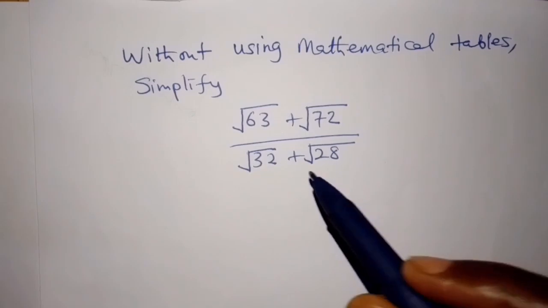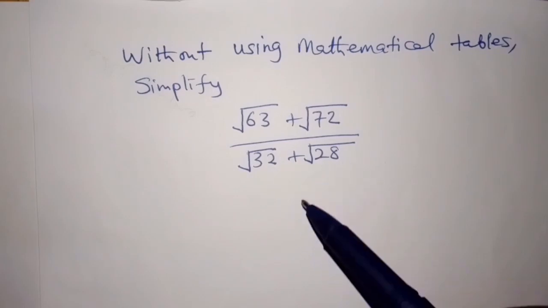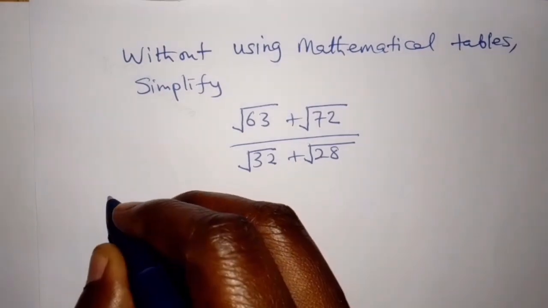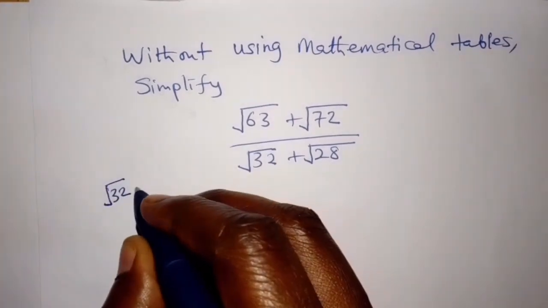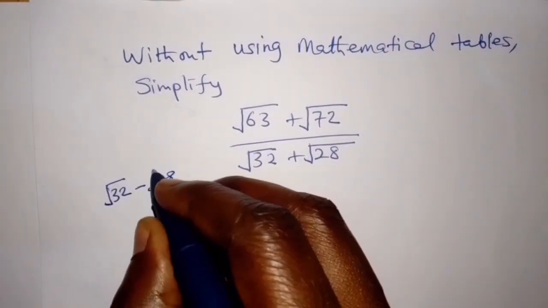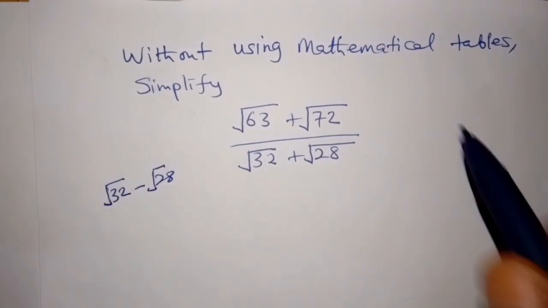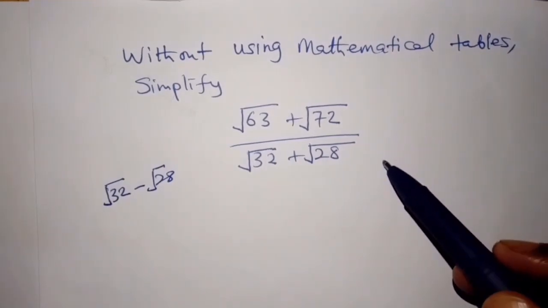So the conjugate of this expression is the square root of 32 minus the square root of 28. So we multiply numerator and denominator with this conjugate.